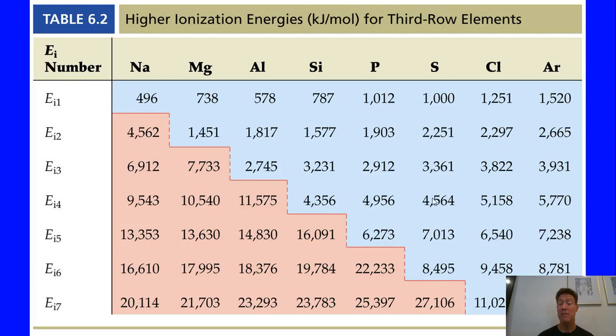Yeah, these are increasing, but not as dramatically as this jump between, say, 8,000 and 28,000. Right? Chlorine has 7, and then argon. They're all hard. But look, you can see as you go across, it gets harder and harder to take away the electrons because they are smaller and closer to the nuclear charge.